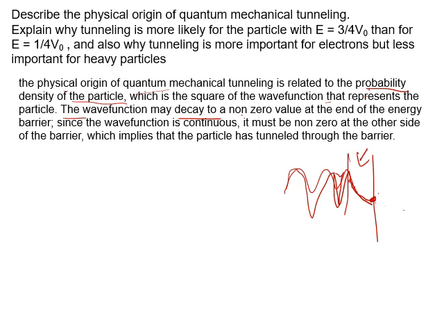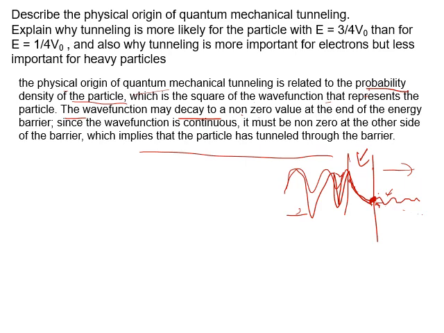It will go to 0, but it's not 0 if the barrier is not too thick. Then if this side is a free particle, just like this side, it starts to oscillate, but with a smaller amplitude, because it is non-zero at the other side. And if the wave function is non-zero, that implies the particle has tunneled through the barrier.